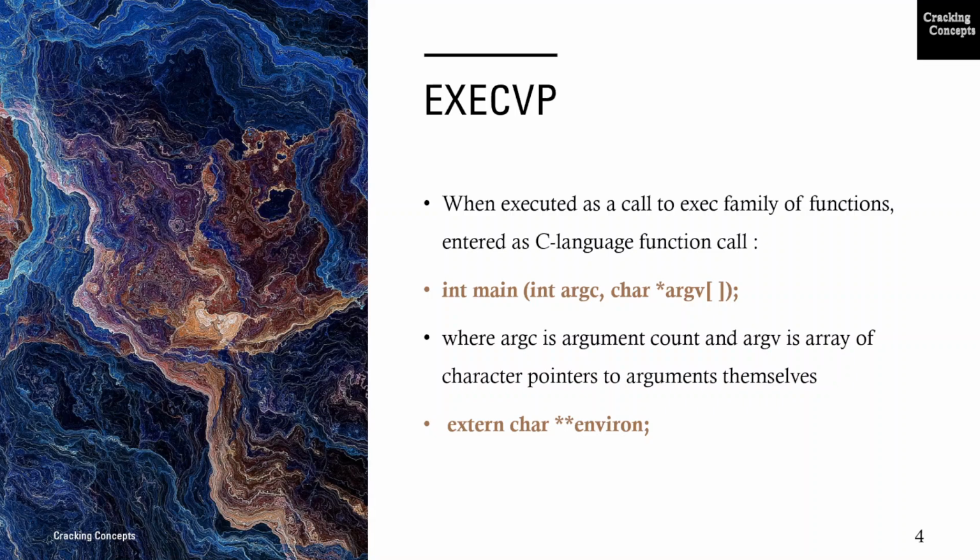In addition, the following variable must be declared by the user if it is to be used directly, which is extern char pointer environ. Now this is initialized as a pointer to an array of character pointers to the environment strings. The argv and environ arrays are each terminated by a null pointer. The null pointer terminating the argv array is not counted in the argc.